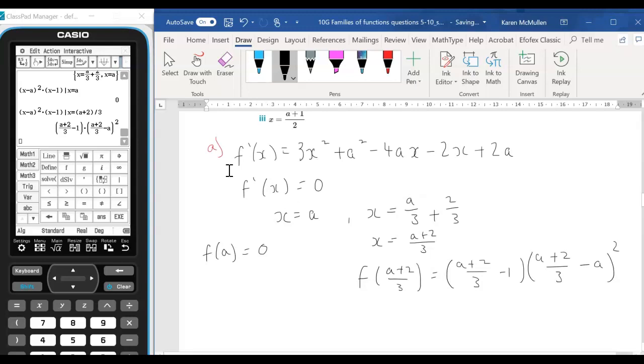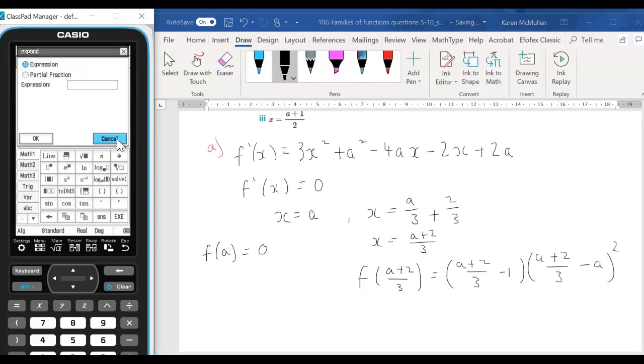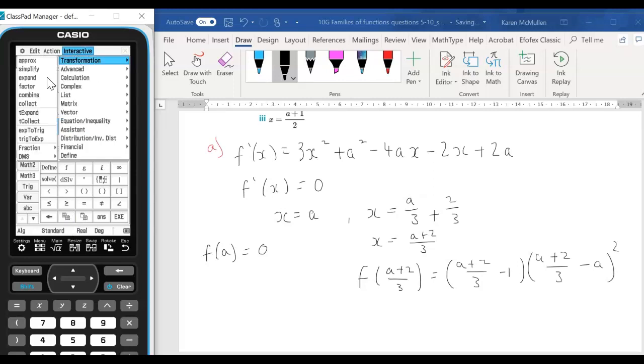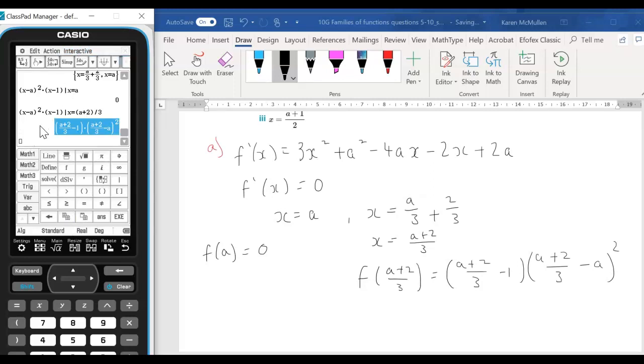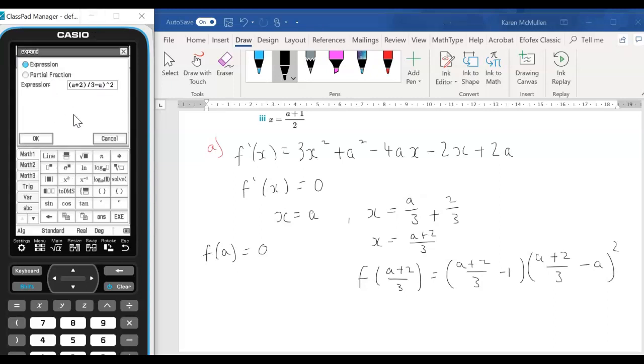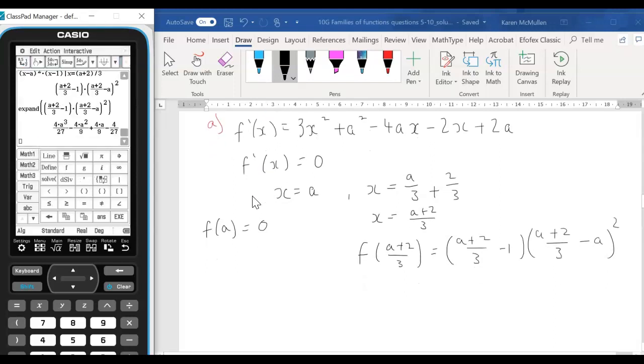Now I'm going to see what happens when I expand that, if it's going to be any nicer. Let's highlight it first and copy. It's not too bad.